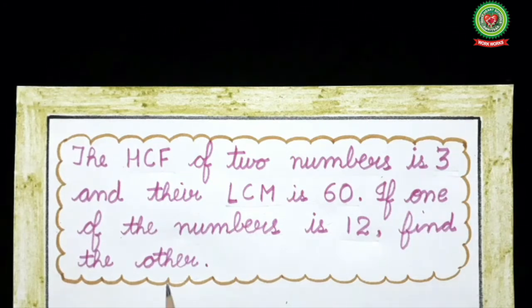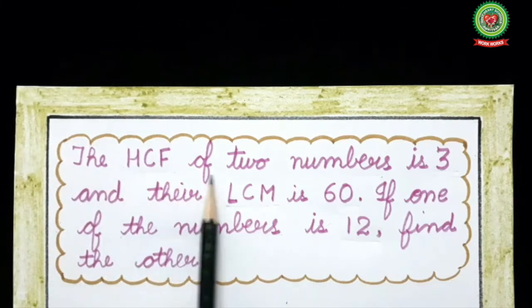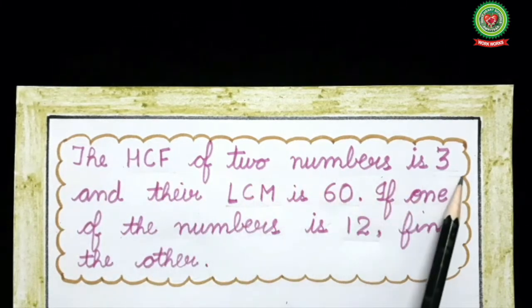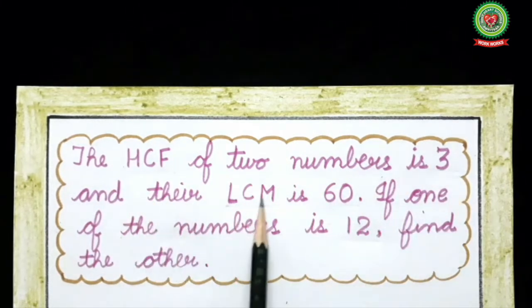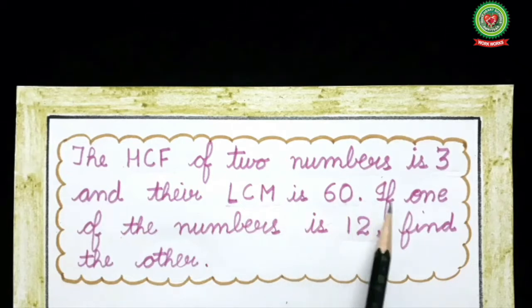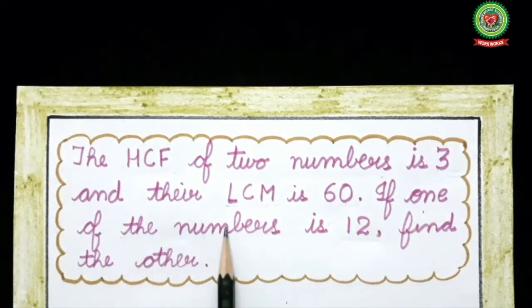Here, the statement of the first example is: the HCF of two numbers is 3 and their LCM is 60. If one of the numbers is 12, find the other. Firstly, in the statement, we will underline the items which are given to us and circle the items which we need to find.